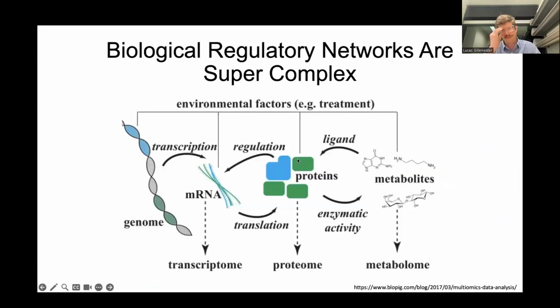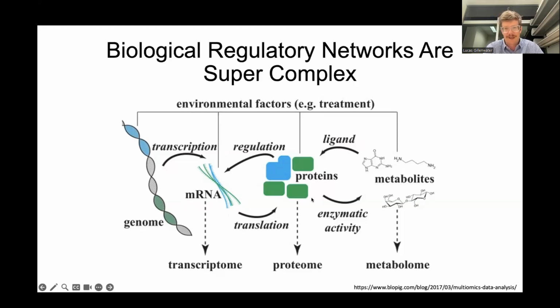The problem is, again, the central dogma that I presented to you earlier is a bit simplistic, as these molecules interact in very, very complex ways. So you can have a gene transcribed into mRNA, but this RNA can also provide further regulation to itself. The mRNA can be translated into a protein that then regulates the production of mRNA.